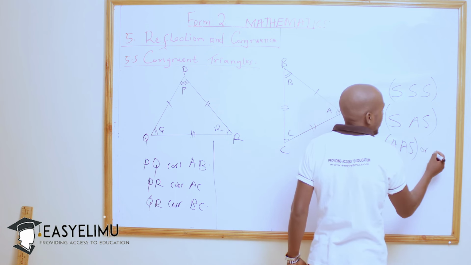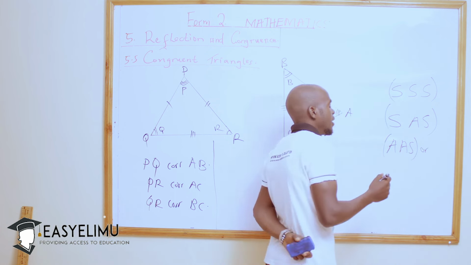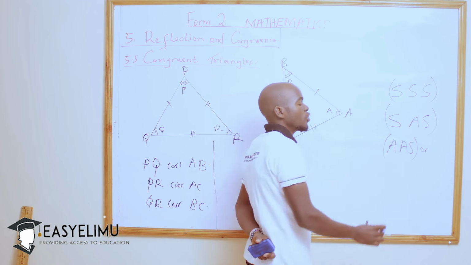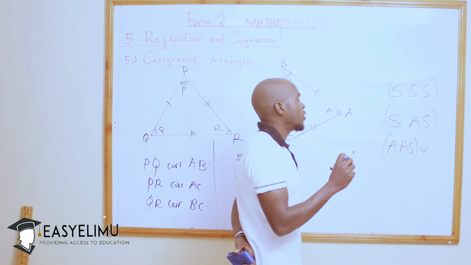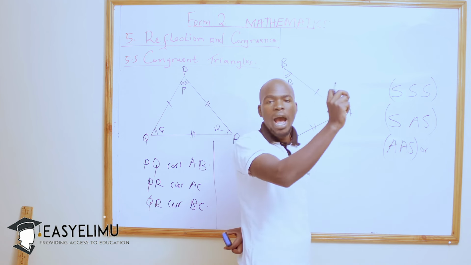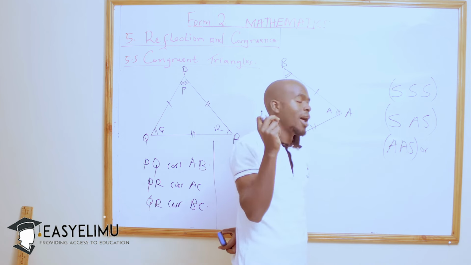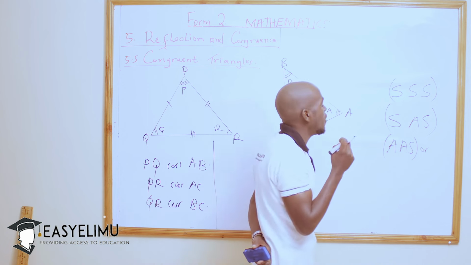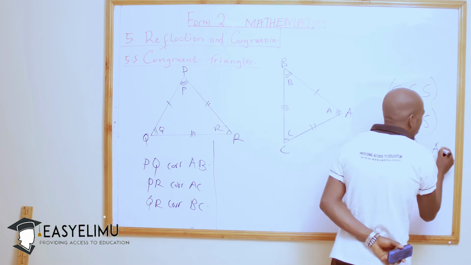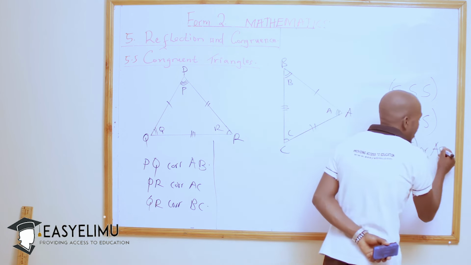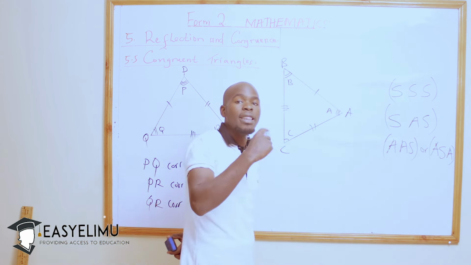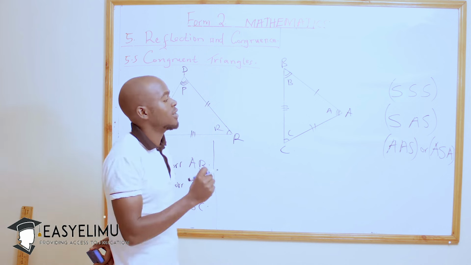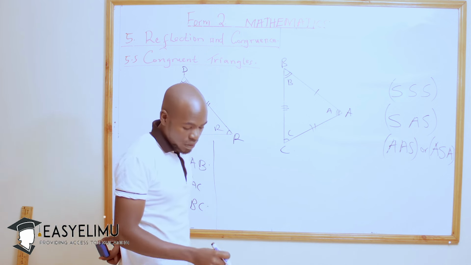This is where two angles and a side of the first triangle correspond with two angles and a side of the other triangle. And sometimes you will find it is an angle, then side, then angle of the first triangle corresponding to the other triangle. So that is the rule which will be used there.